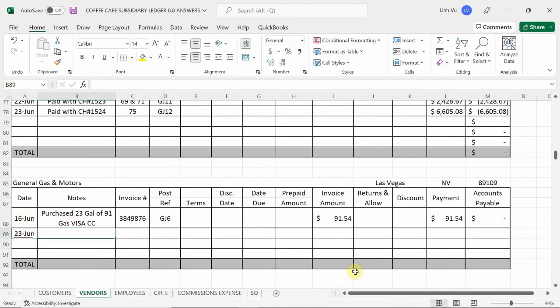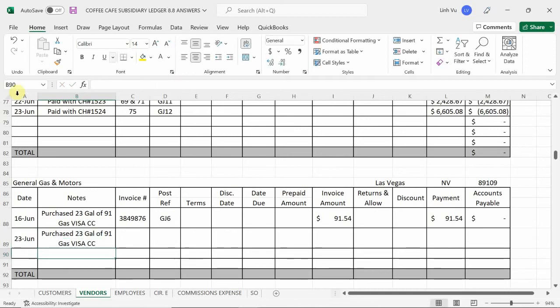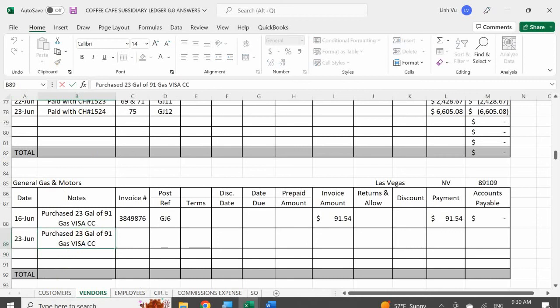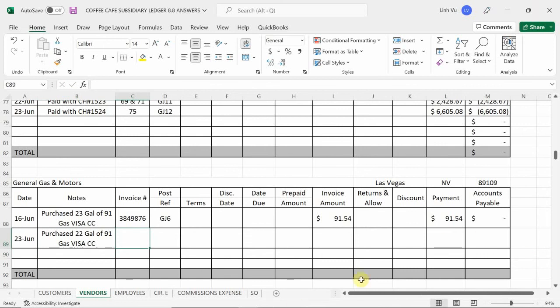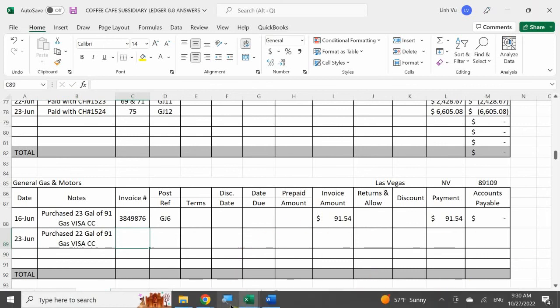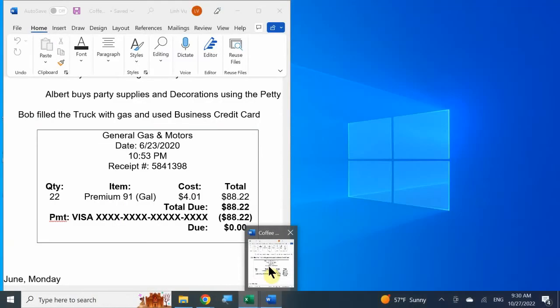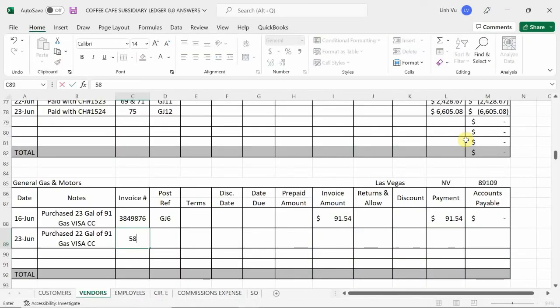Okay, that we purchased. Sales receipt number 584139.8, was it?